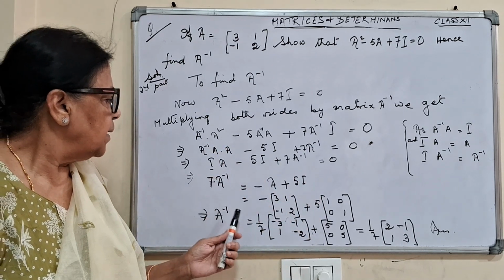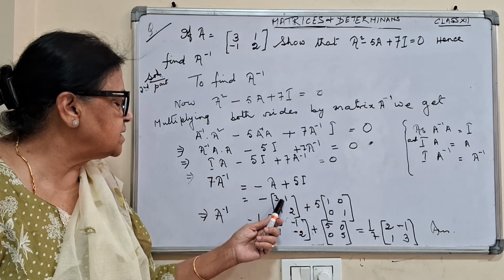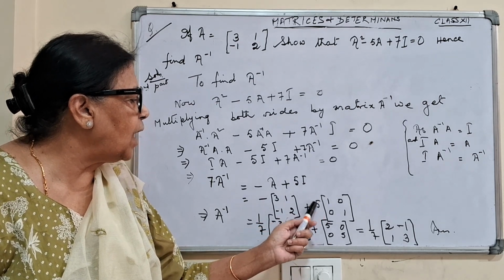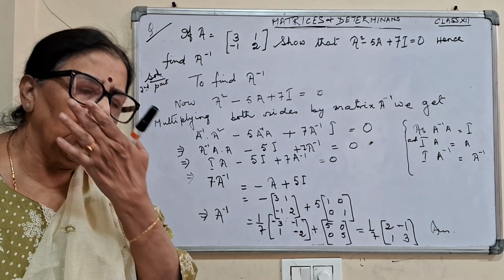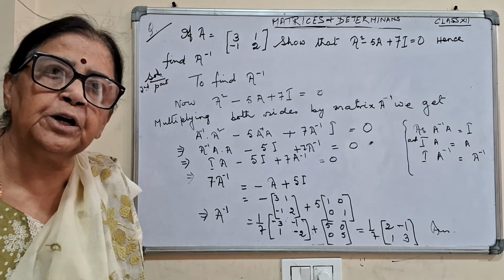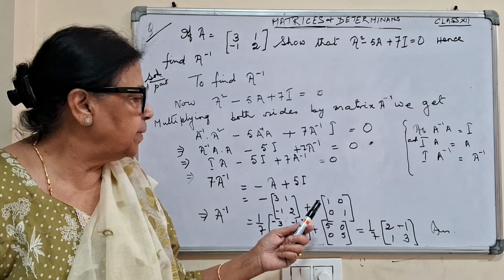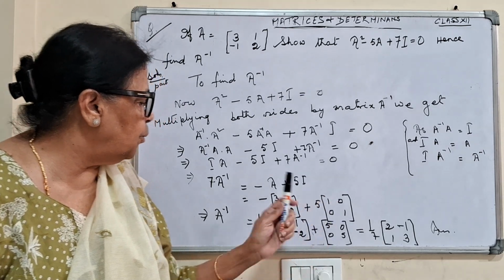Minus A is this, 3, 1, minus 1, 2, and plus 5 times I, the unit matrix of order 2, that is 5, 1, 0, 0, 1.